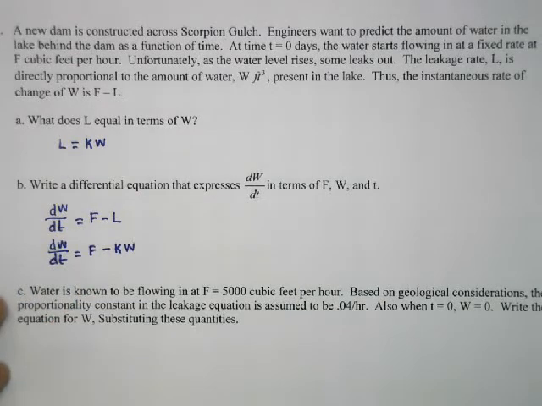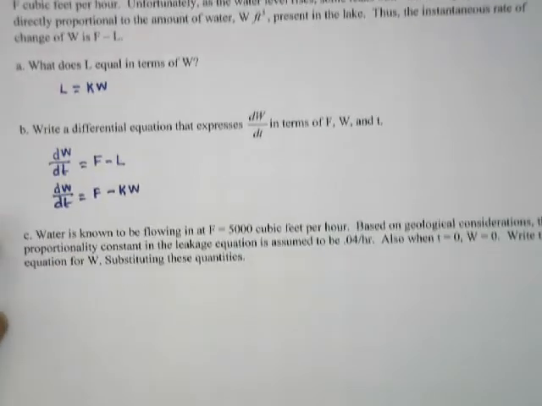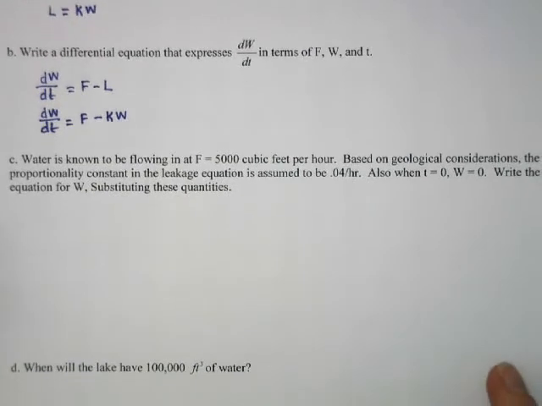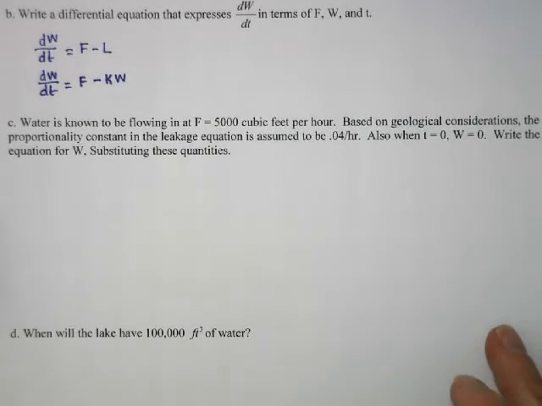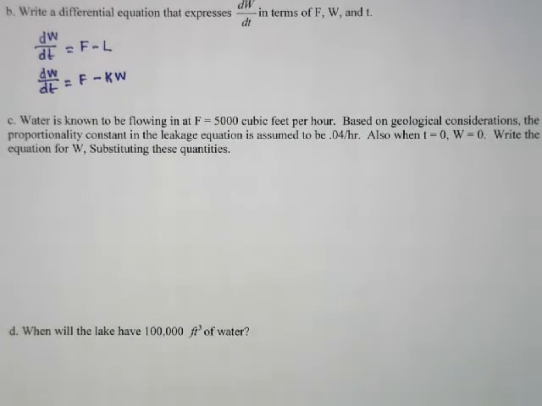It says water is known to be flowing in at 5,000 cubic feet per hour. Based on geological considerations, the proportionality constant is equal to 0.04, so we don't have to solve for that. Also, when t equals 0, W equals 0. Write the equation for W, substituting in these quantities.